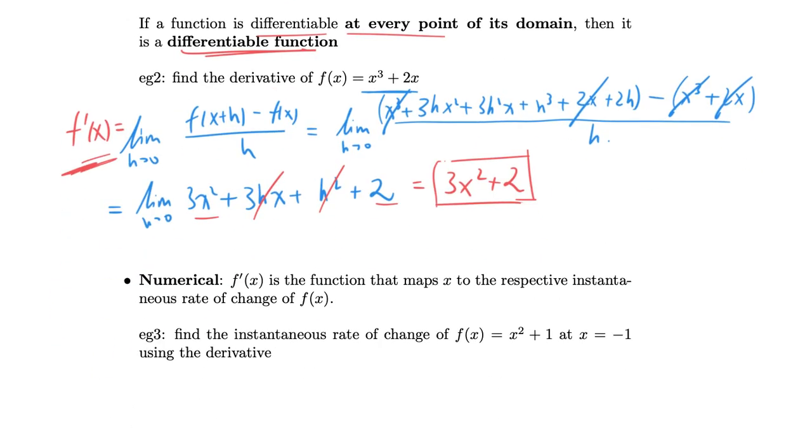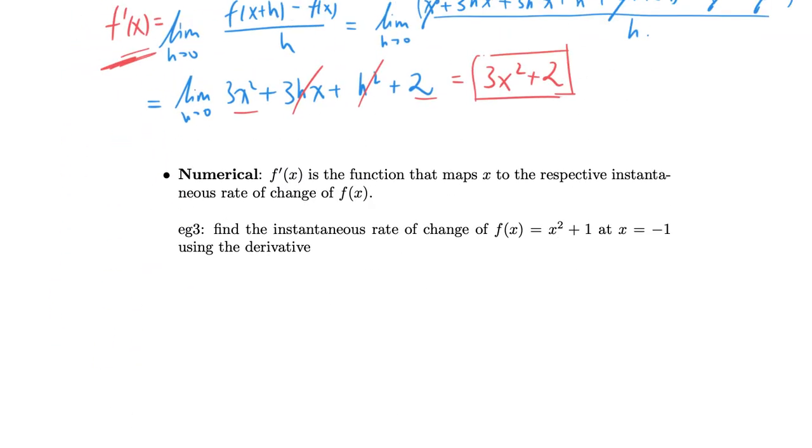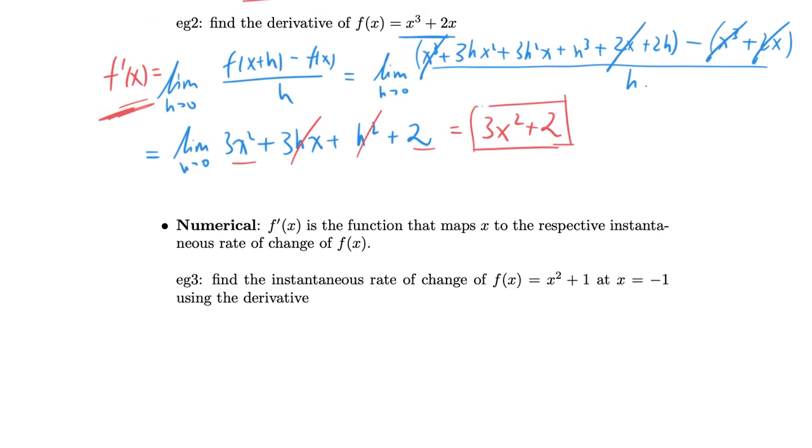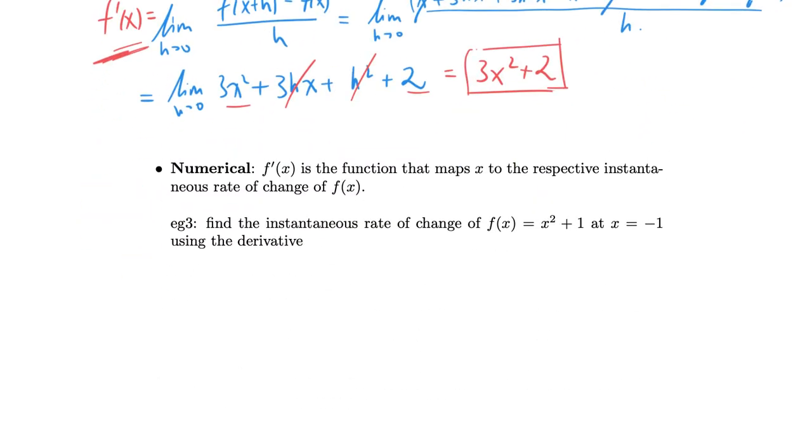So now with this in mind, we're going to talk about two major interpretations of the derivative. The first one is numerical. The numerical interpretation of the derivative is just that f prime is the function that maps x to its respective instantaneous rate of change of f of x. So using the derivative, we can find that this f prime, using the same method as above, turns out to be 2x.